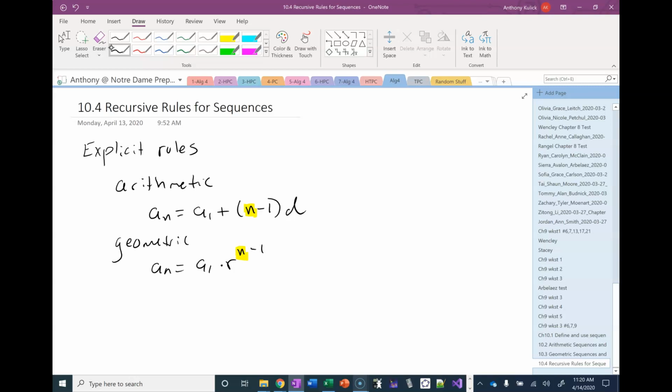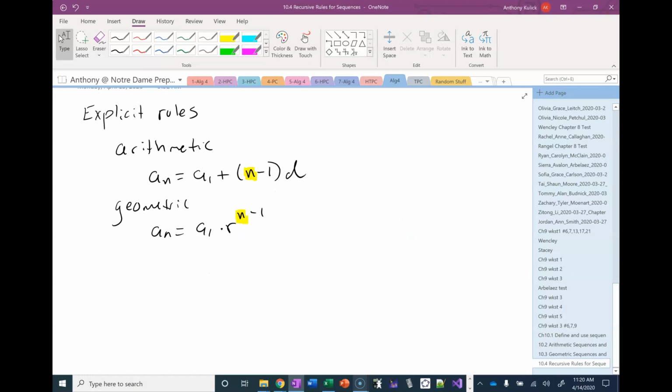Now, there's another way to describe these rules for sequences, and that's with something called a recursive rule. With a recursive rule, instead of basing this on the term number, it's going to be based on the previous term.